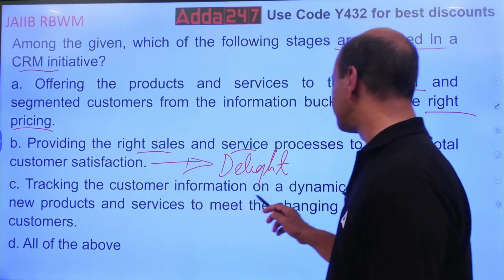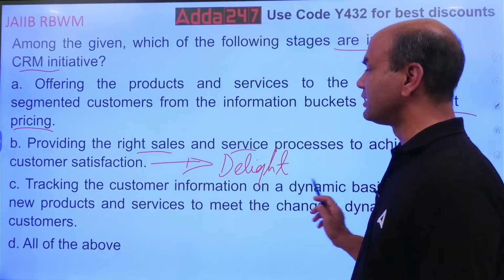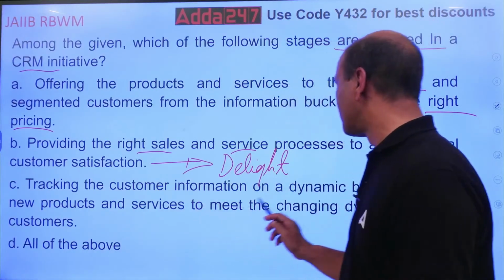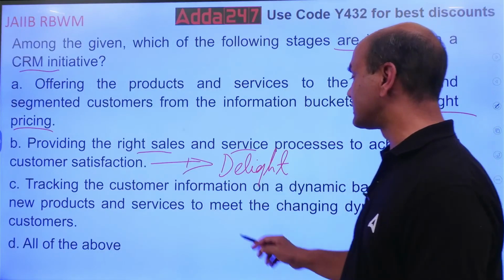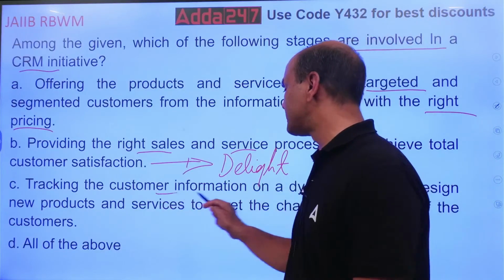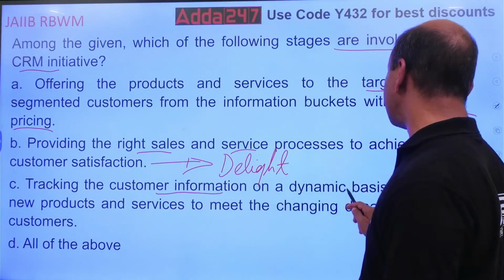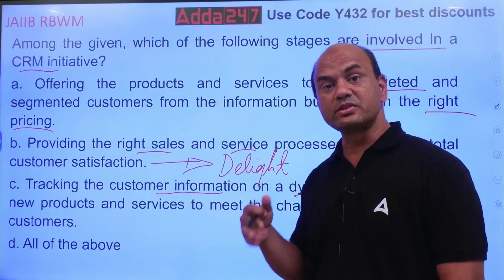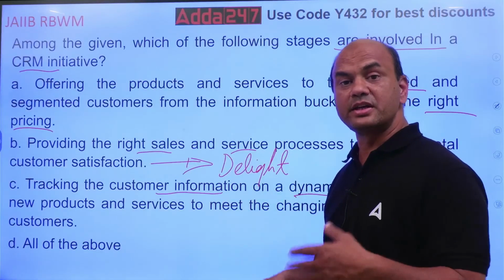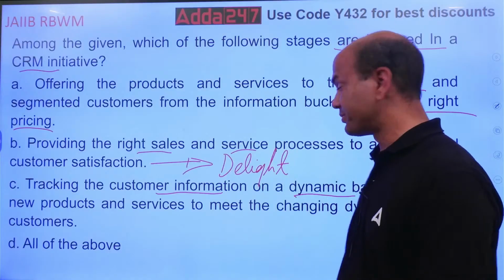Tracking the customer information on a dynamic basis to design new products and services to meet the changing dynamics of the customers. Dynamic means constantly changing. The information is constantly changing. The customer is constantly changing. Requirements are changing.